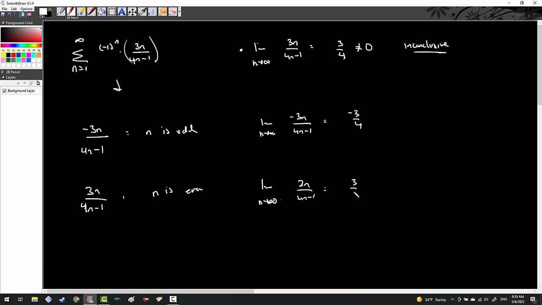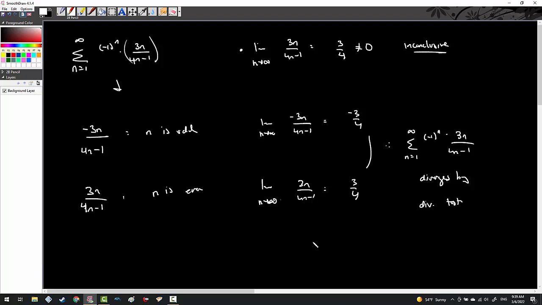That gets me 3/4. Again, these two guys don't even agree with each other. So not only is the sequence divergent, but that means the series, we can say, therefore, the sum from n equals 1 to infinity of negative 1 to the n times 3n over 4n minus 1 diverges by the divergence test.